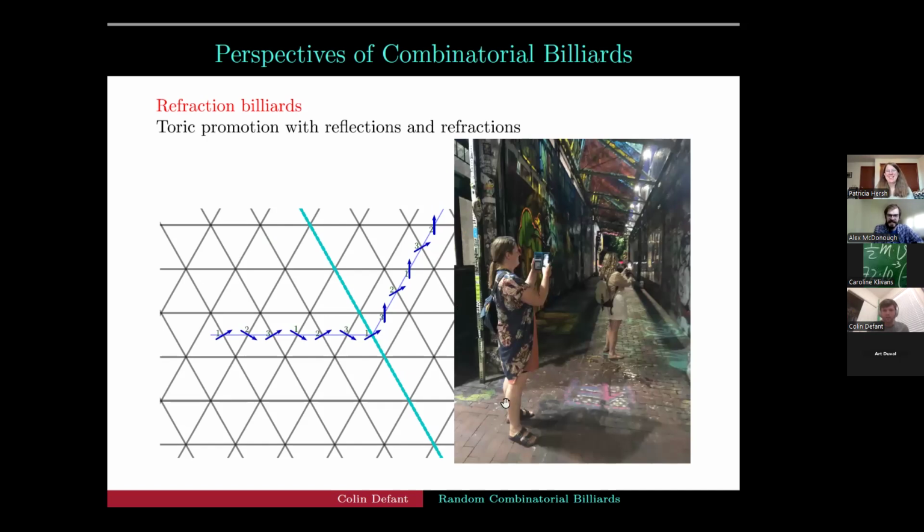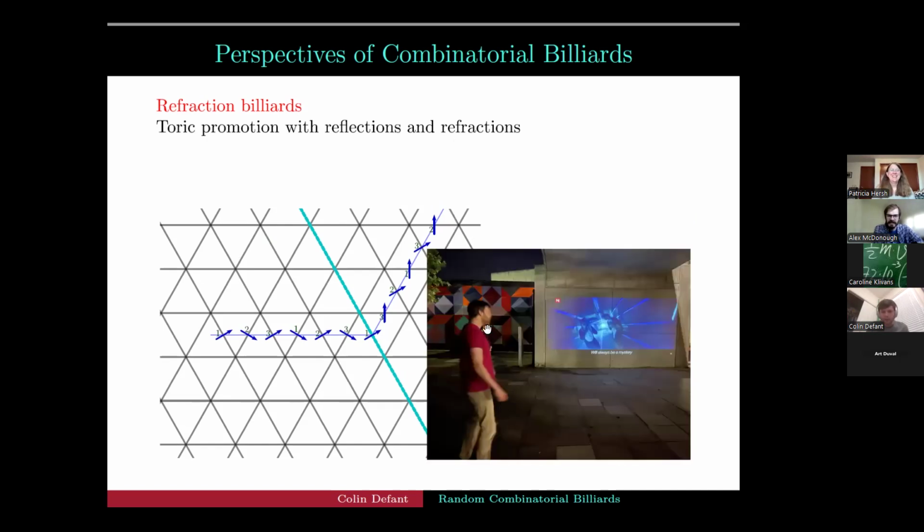And then actually Ashley sent me this picture. This is me, and Jessica's there in the background, and we're also staring at a wall. I think this wasn't intentional, but it's also in the same theme. This is at FPSAC, and we were doing karaoke, and we had to project it against the wall. So you can see we're singing What Does the Fox Say there. Yeah, so anyway, that's refraction billiards.